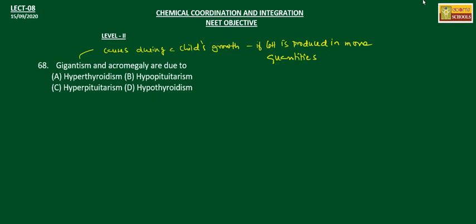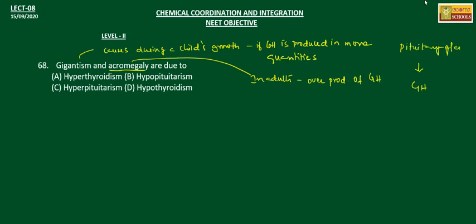And coming to acromegaly, it is caused in adults due to overproduction of growth hormone. We know that growth hormone is produced from the pituitary gland. So more growth hormone results in this condition.